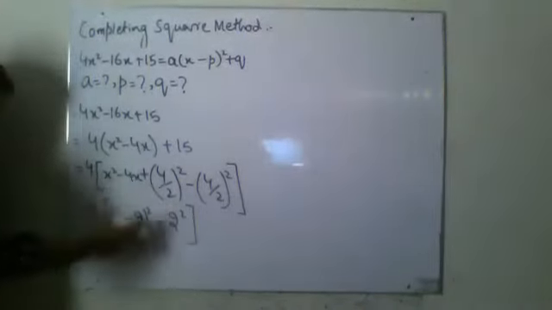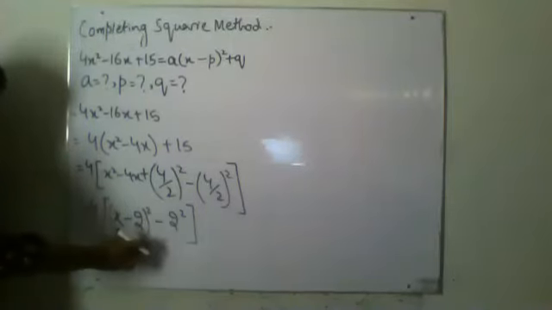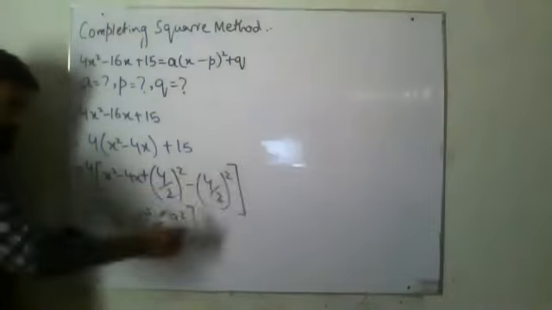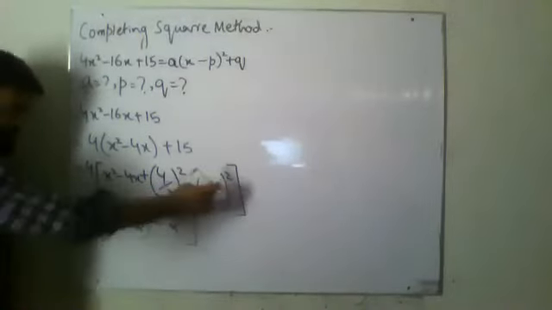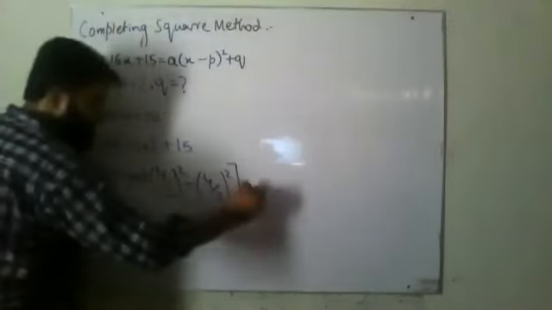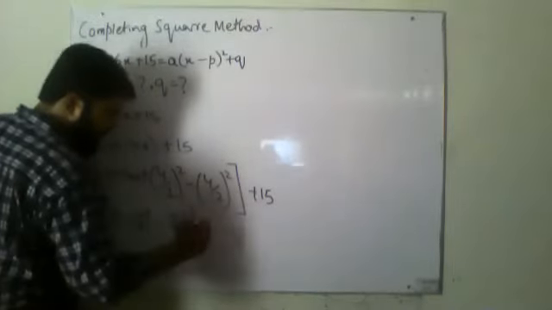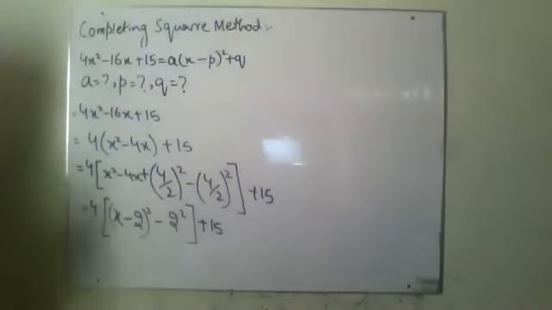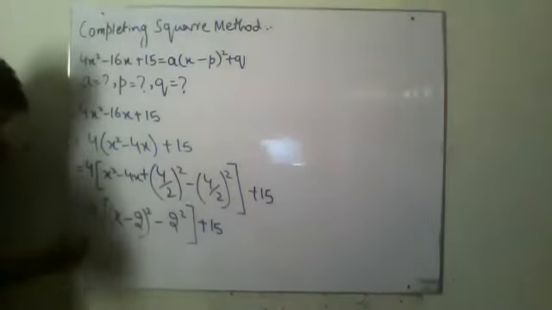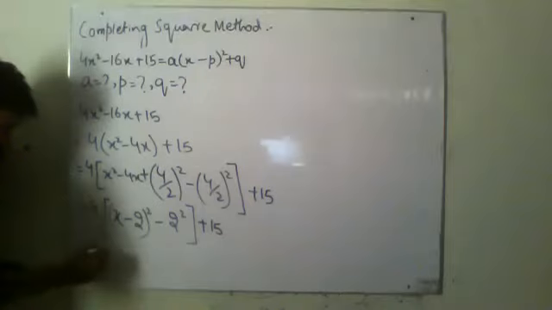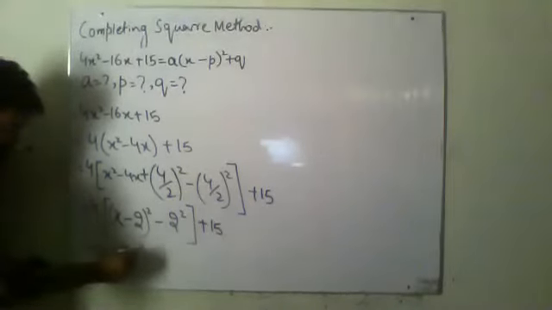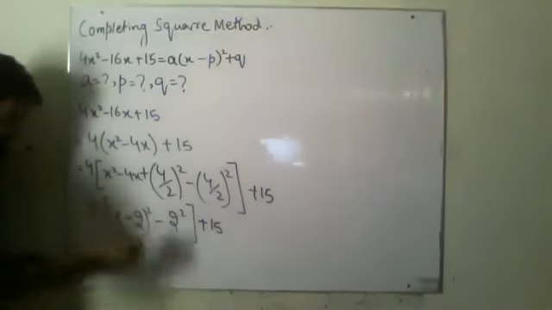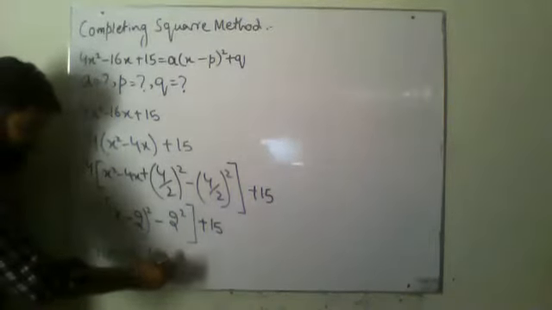These three things I have closed in a completing square formula: x minus 4 divided by 2, which is 2, and square is there, plus 15 which was outside will remain outside. Now simplifying it further, 4 shifted inside, 4(x minus 2) whole square minus 2 square is 4, 4 4s are 16, plus 15.